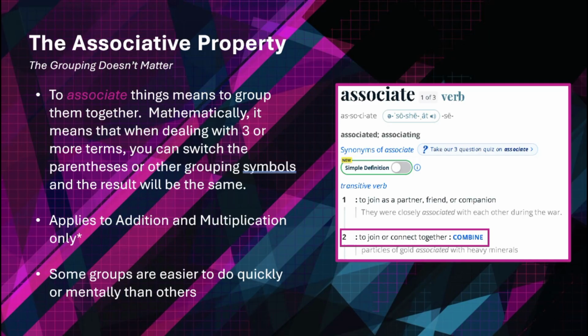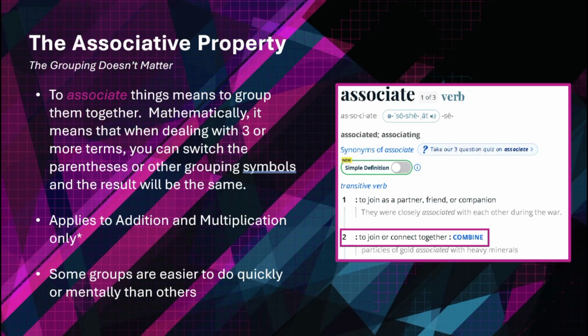Mathematically, that means that when you have 3 or more terms, you can switch the parentheses or other grouping symbols like brackets, and the result will still be the same. Even if you don't change the order, leave the order exactly the way it is, changing the grouping symbols will still result in the same value. Again, we have an important caveat here: this applies only to addition and multiplication.